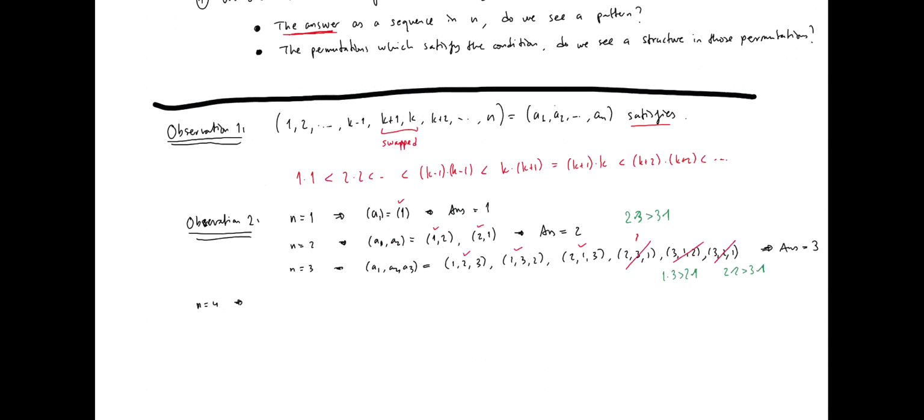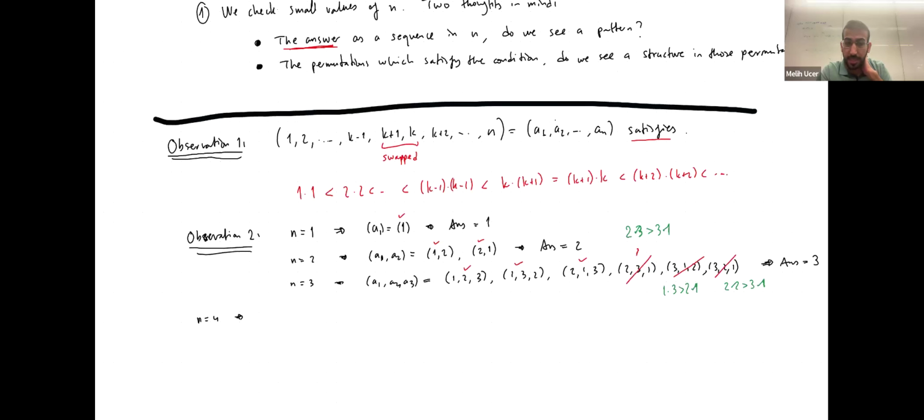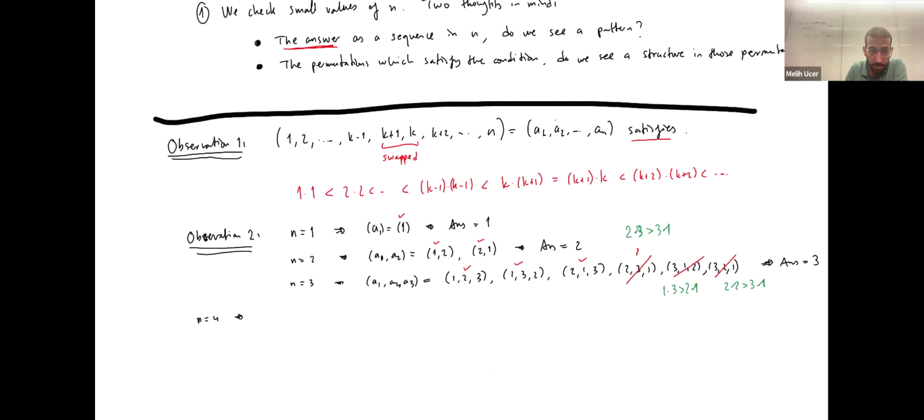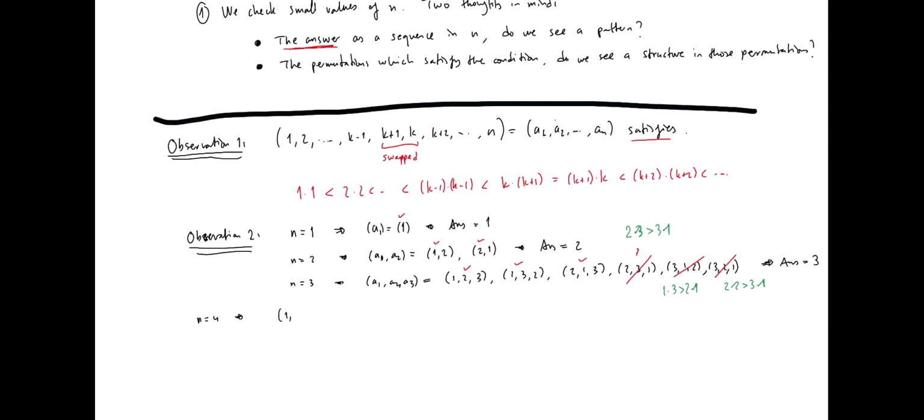But let's write the correct answers for n equals 4, and then let's see what the observation is exactly. What are the correct permutations for n equals 4, and how do we verify this quickly? We have 1, 2, 3, 4. Yeah. 1, 2, 4, 3.